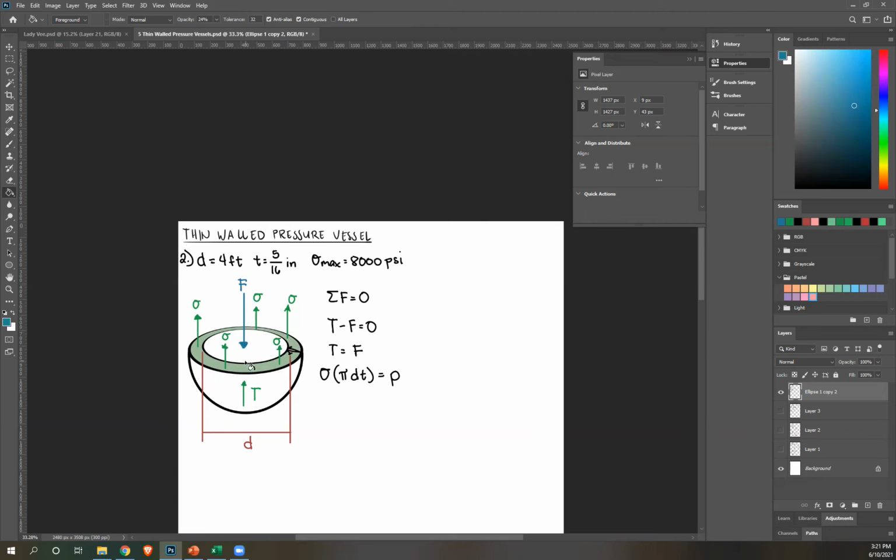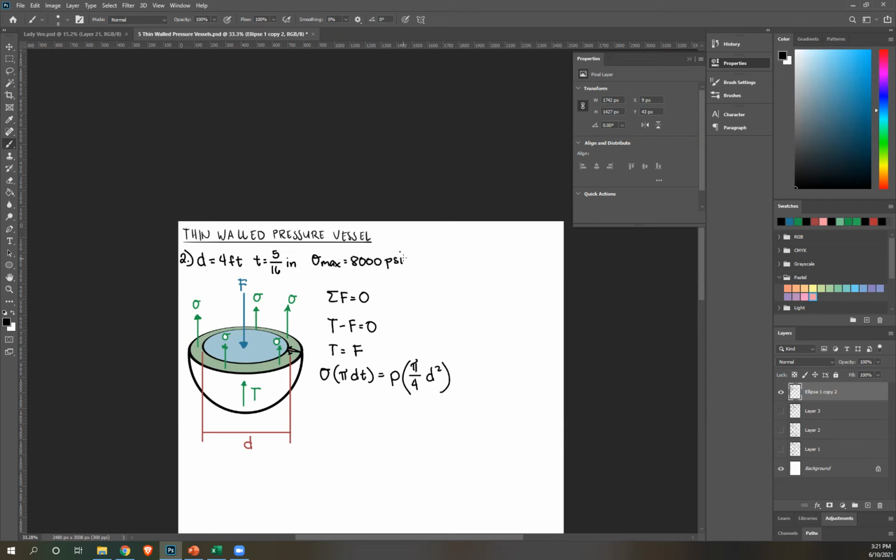And then the projected area of your pressure is the circle. So that's again an area of a circle. That's just pi over 4 d squared. So P times pi over 4 d squared.